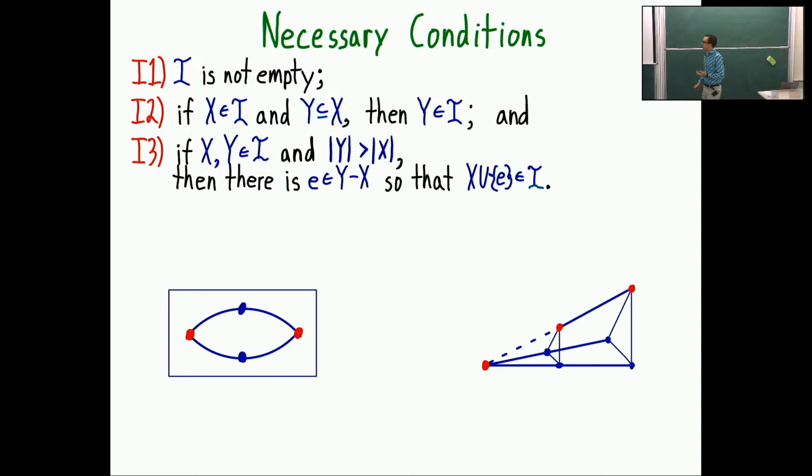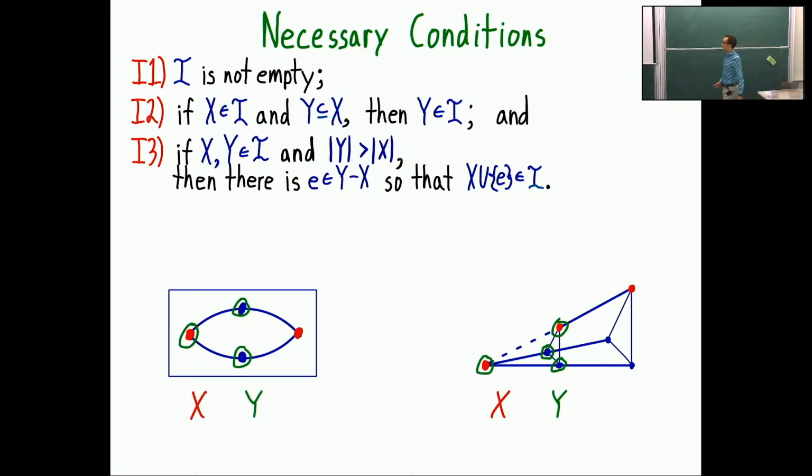So from linear algebra, think of it this way: if you have a linearly independent set and a larger linearly independent set, you can always add something that's not in the span of the original one. So we'll add this condition, and that will get rid of both of these examples. This is also a natural condition.